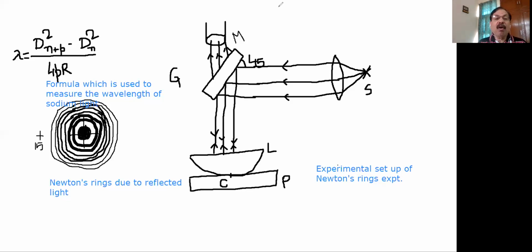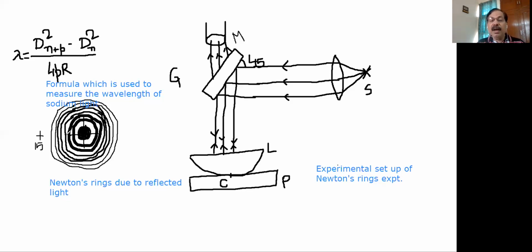Bring the crosswire of the microscope back towards the center. From here, you will come to the center, stopping on each ring for the vernier reading. All the rings, you will stop on each bright ring.